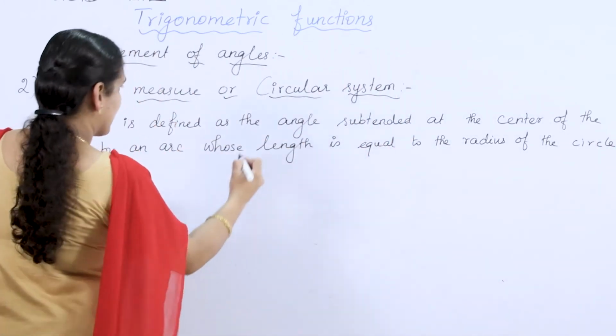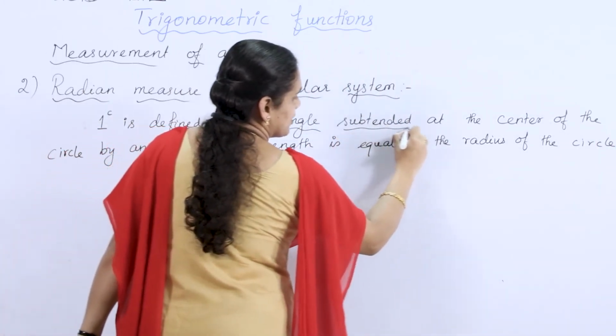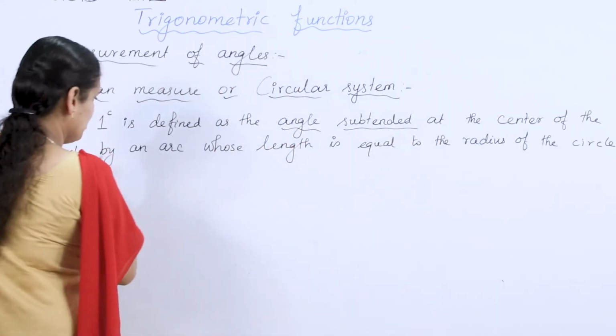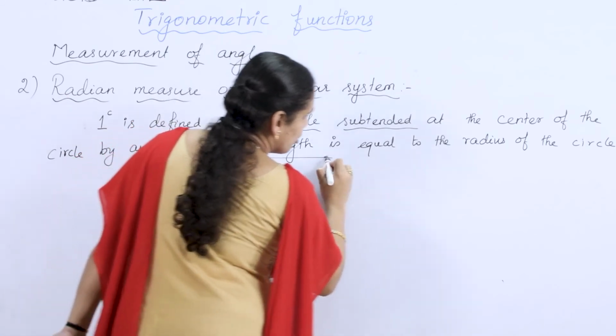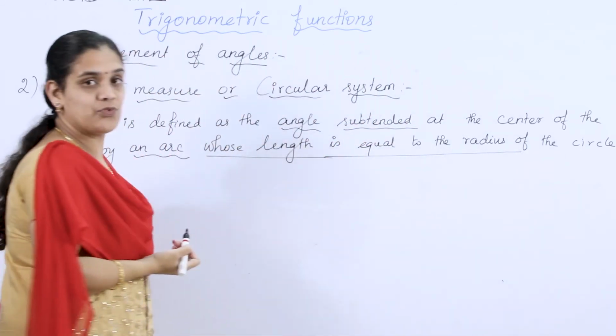See, the angle subtended at the center of a circle by an arc whose length is equal to the radius of the circle. That is very important.